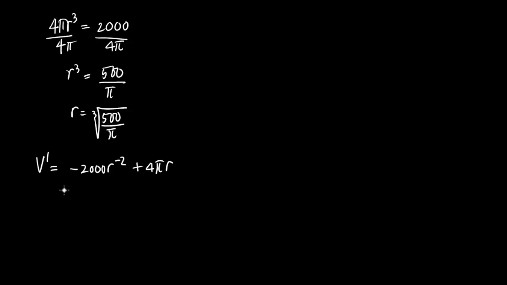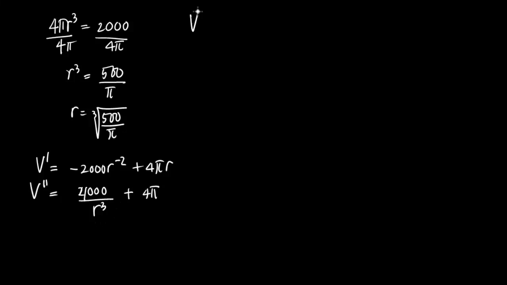So take the second derivative, it's going to be positive 2,000 or 4,000 rather over r cubed plus 4 pi. So remember, we are differentiating the volume with respect to the radius.